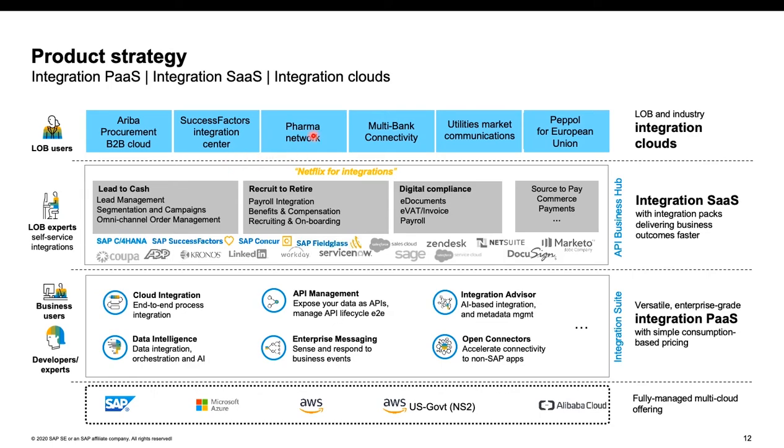We have the Pharma Network, so the SAP Information Collaboration Hub for track and trace of the entire end-to-end lifecycle process, creation of medicine, for example, medical goods, multi-bank connectivity to integrate with banks and corporates for payment order exchange, for example, utility market communication solution in the utility area, and PEPPOL for the exchange of e-documents in different countries within the European Union.